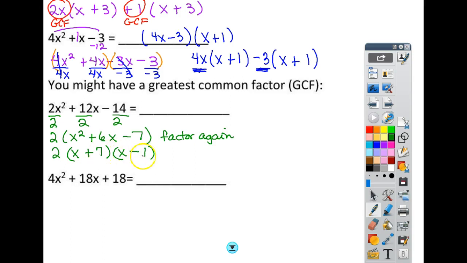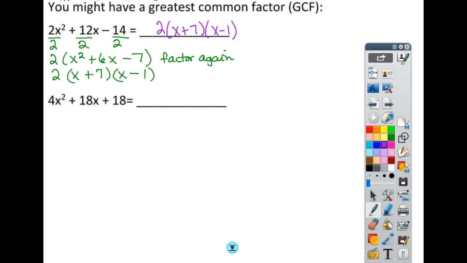Multiply those together, you do get a negative 7. Add them, you do get a positive 6. So that's our answer there. We get 2 times x plus 7 and x minus 1. Don't forget your GCF up here. That's a big one there.